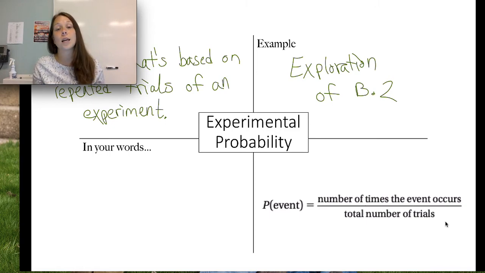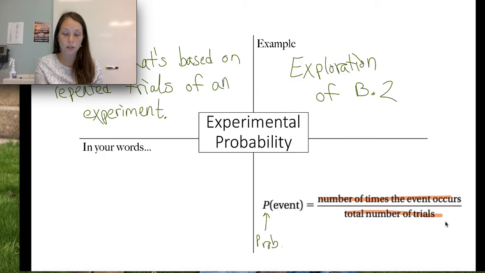The way we calculate experimental probability is we look at the number of times an event occurred divided by the total number of trials. So very similar to our relative frequencies we calculated in the last lesson. Now there's some new notation here. This P stands for probability.